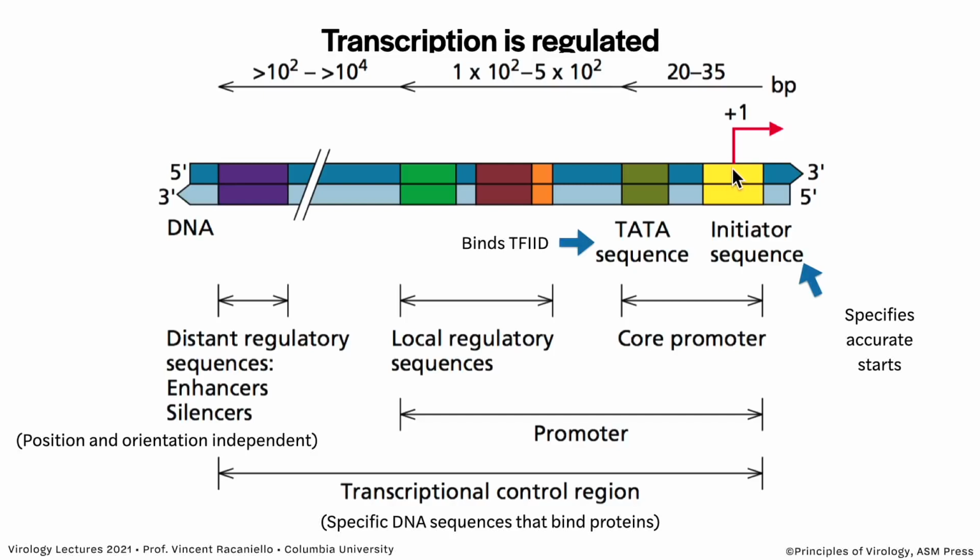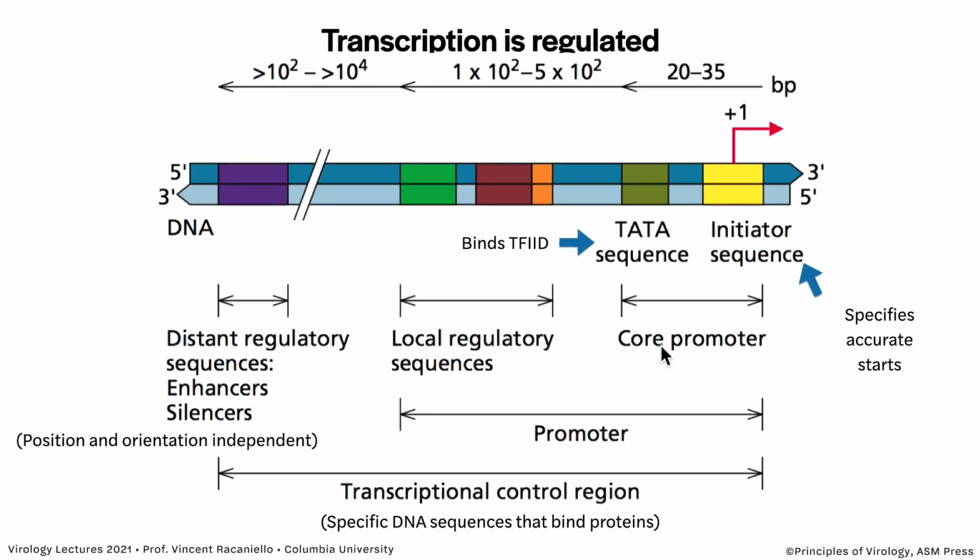And so we have sequences, and on top here are how far these sequences are away from the initiation site. So within 20 to 35 bases, for example, you have an initiator sequence right around the initiation point, which specifies accurate starts. You have upstream a sequence called the TATA box or the TATA sequence, which binds a transcription protein called TFIID, very important for transcription. And that constitutes what we call the core promoter.